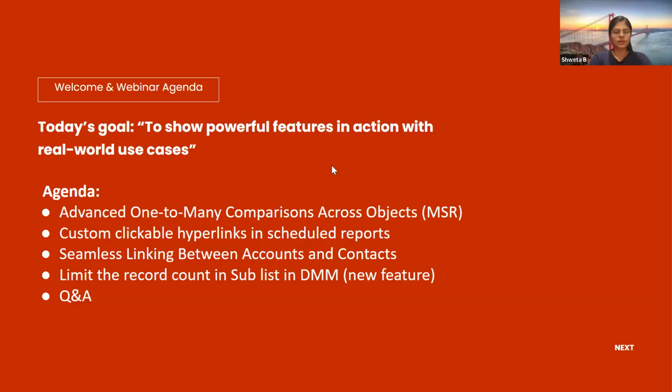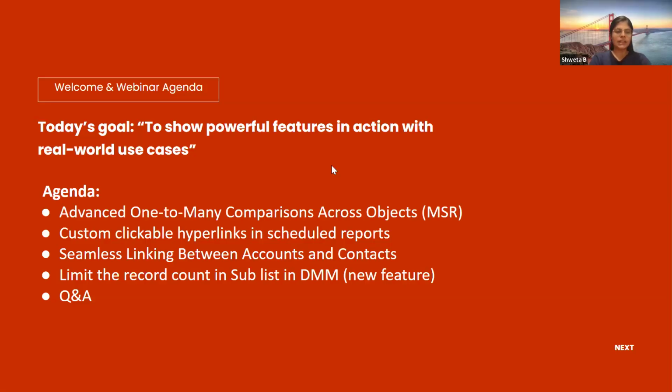In today's session, the first 2 features will be explained by Abhishek with a live demo. The first one is advanced one-to-many comparison across objects using a MSR, and the second is how to build a custom clickable hyperlink in a scheduled report. The third and fourth will be explained by me.